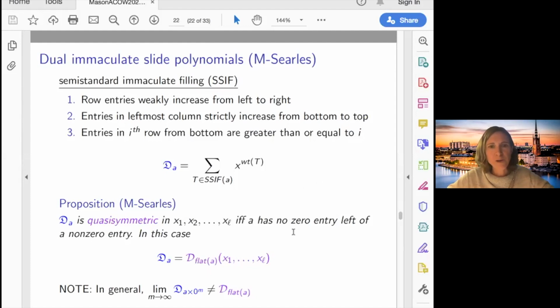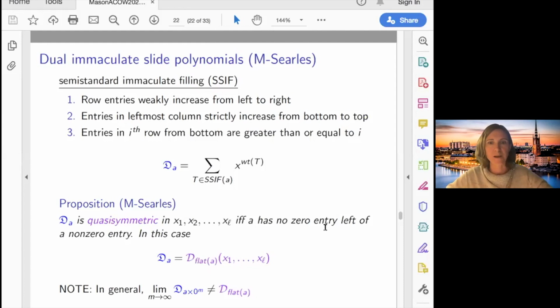And we can show that in fact this lifting of the dual immaculates will be quasi-symmetric if the indexing composition A doesn't have any zeros to the left of its first non-zero entry.